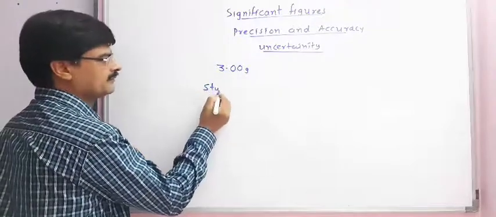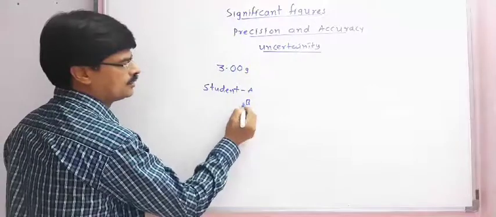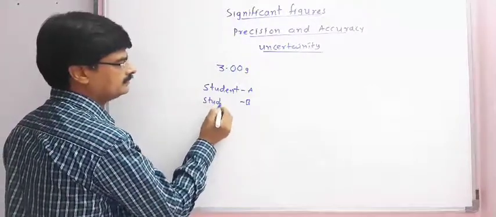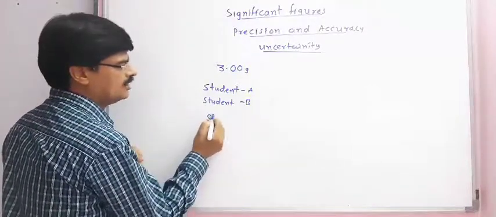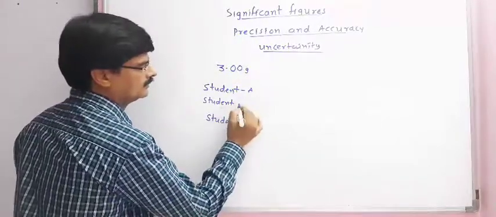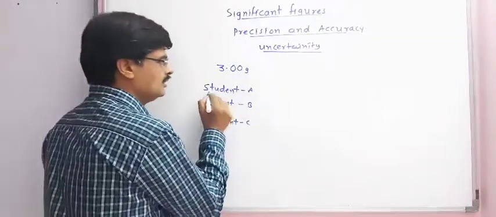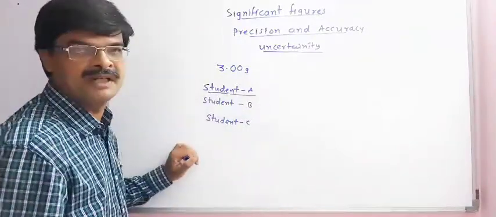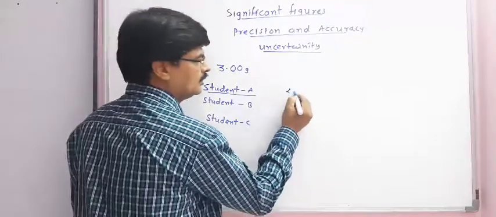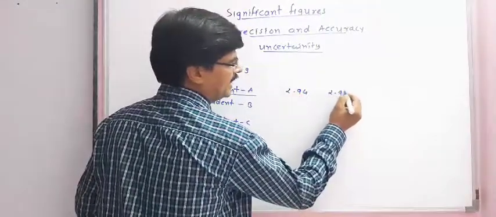and three students, student A, student B and student C, obtain different results. Say student A obtained the results 2.94 gram and 2.95 gram.